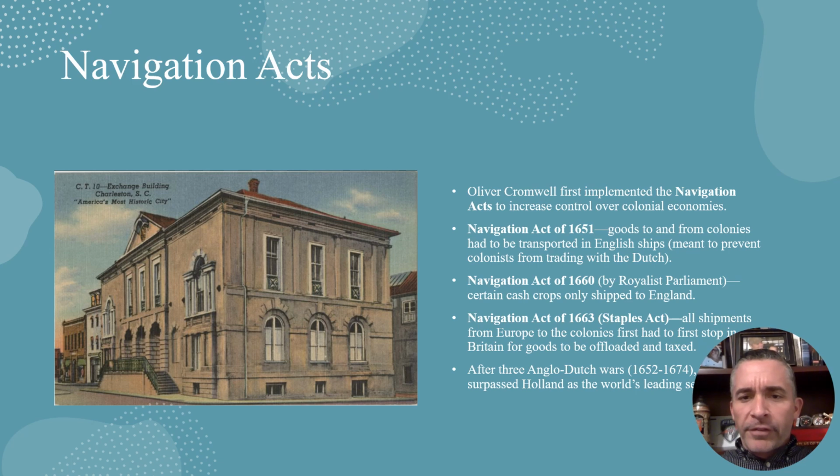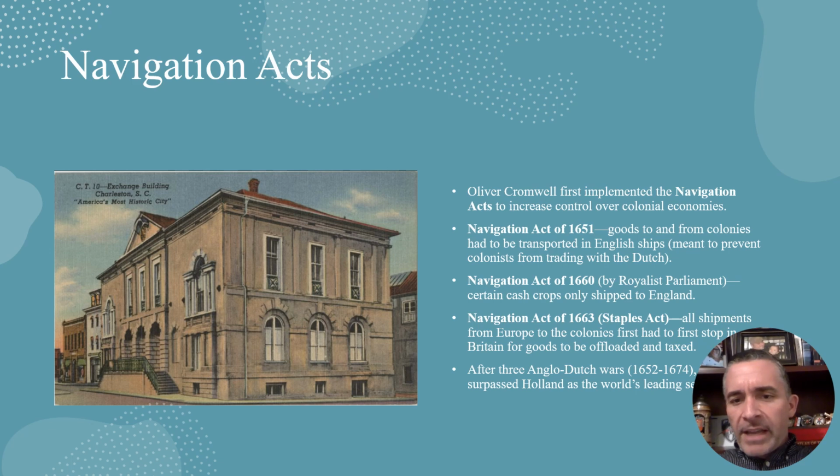The first Navigation Act of 1651 required that goods going to and coming from the colonies had to be transported in English ships only. That was to hurt the Dutch, because the Dutch would also transport colonial goods for a much lower cost than the English merchants. So that was to basically cut the Dutch out of the Atlantic trade.